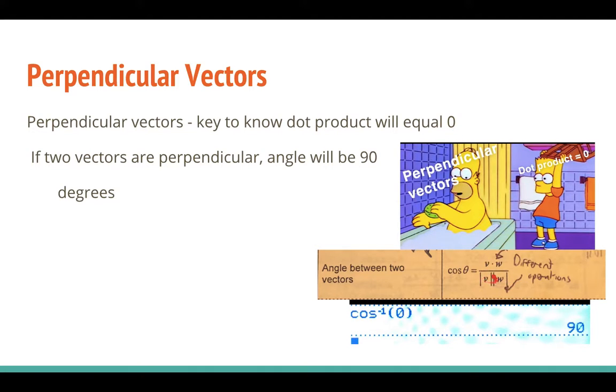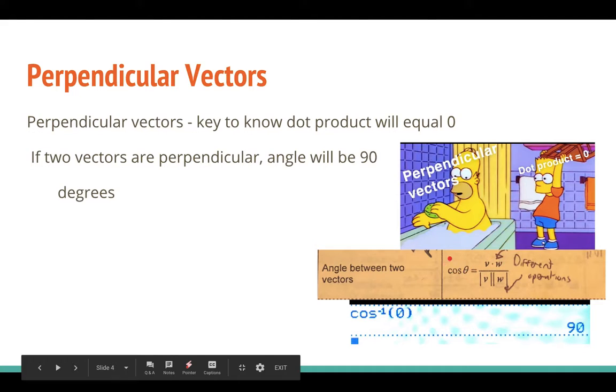And let's just give a random value here, let's say 10. So you have 0 over 10, and when you do the inverse cosine of 0 over anything, you're going to get 90. As long as you're in degree mode, you'll get 90 degrees. So the angle will always be 90 degrees.